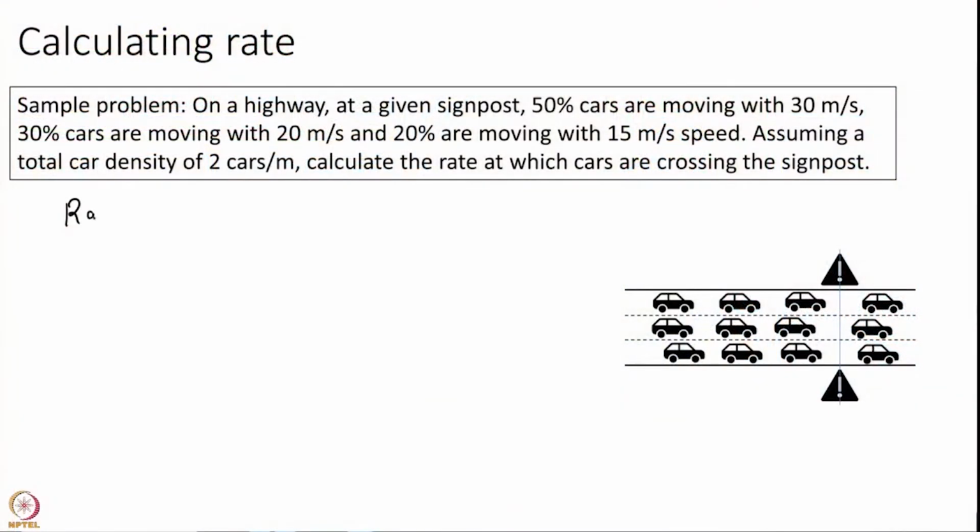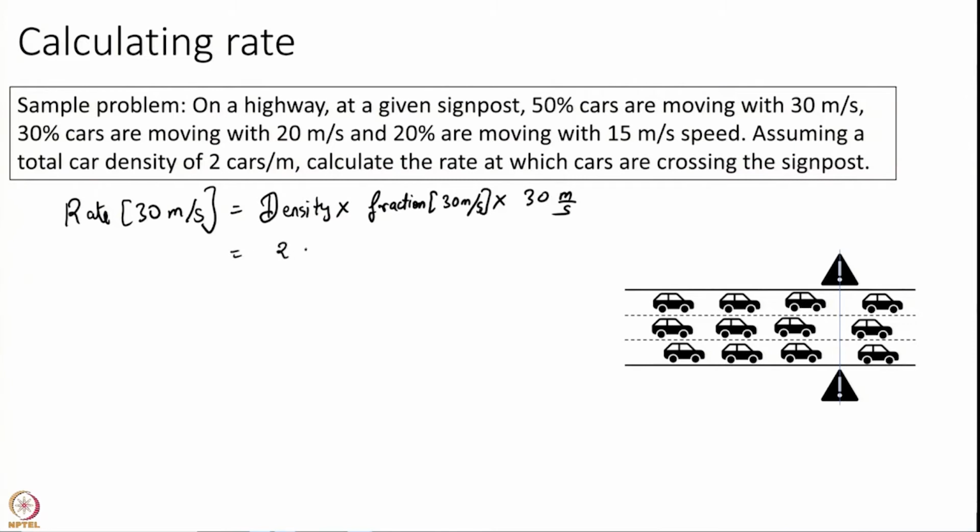The density of the cars will be the total density of all kinds of cars multiplied by the fraction of this particular kind of car. So, this rate at 30 meters per second is then the total density, times the fraction at 30 meters per second, times 30 meters per second, the speed.